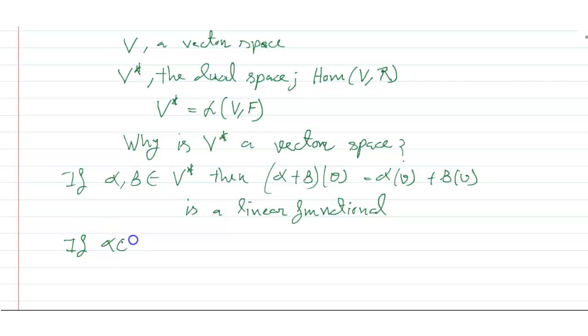If alpha belongs to V star and lambda belongs to R, then lambda alpha is a linear functional.